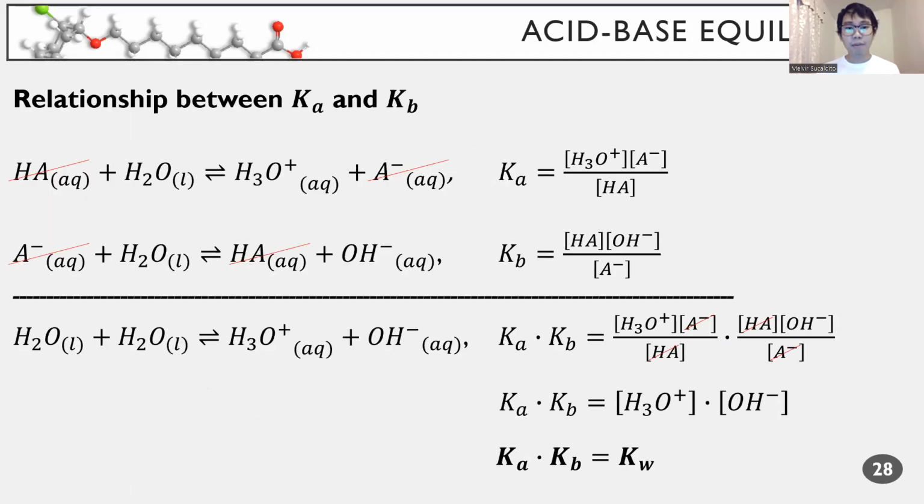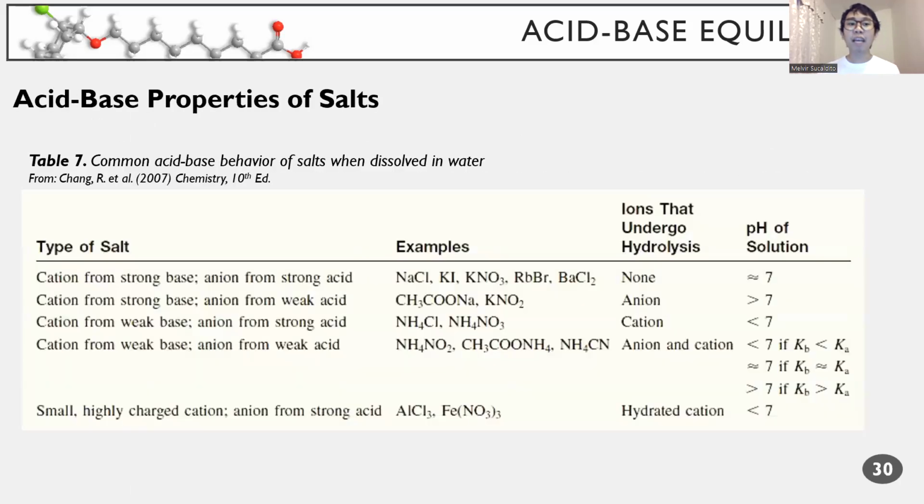And then from our last meeting, we ended our discussion with the relationship between Ka and Kb of a conjugate acid-base pair, as well as the acid-base properties of salts. Tama? This is where we ended our last meeting, right?